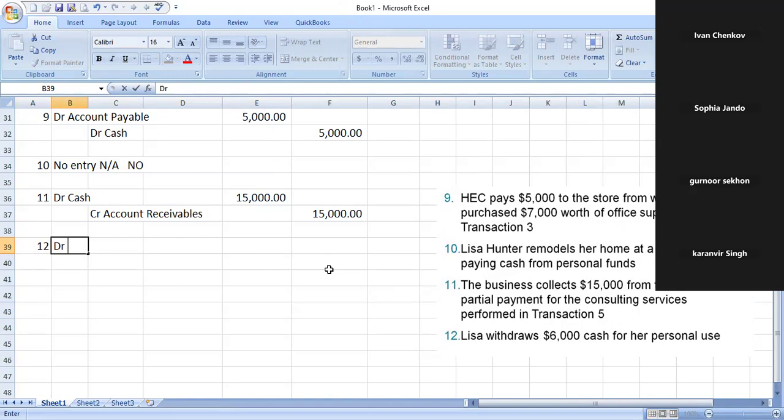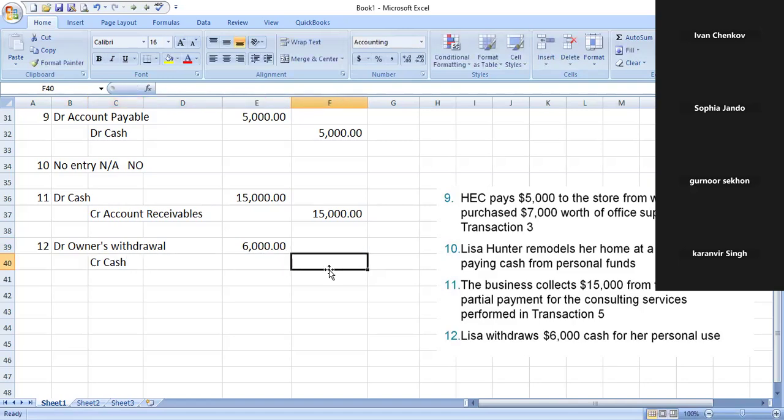Let's go with the owner's withdrawal of $6,000. And how did he get those $6,000? Cash. Credit cash, $6,000. And we're done. Correct?